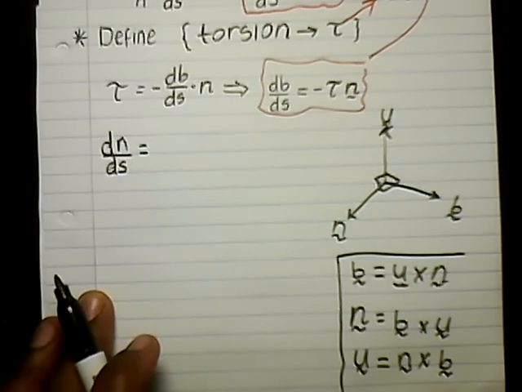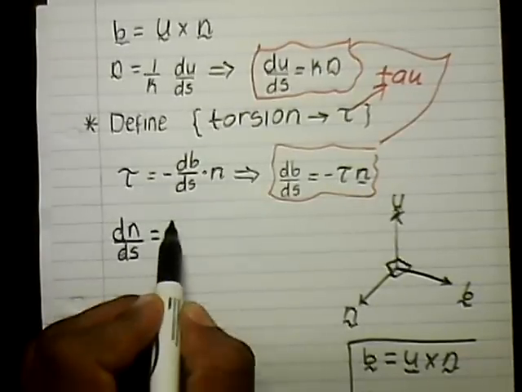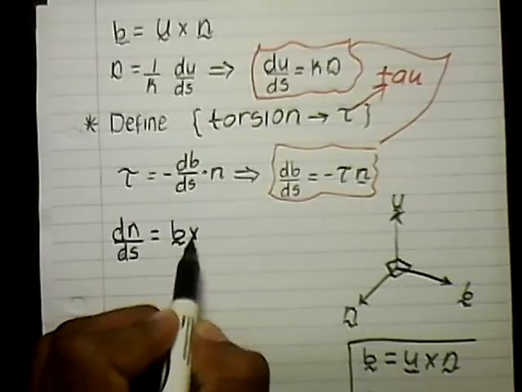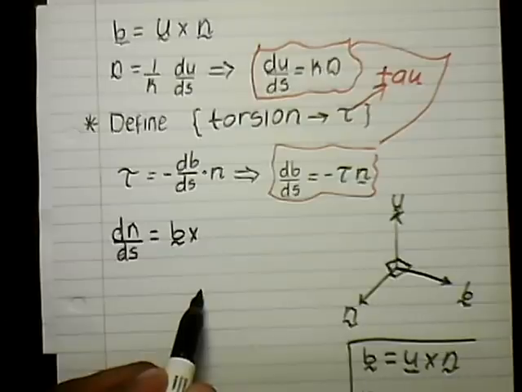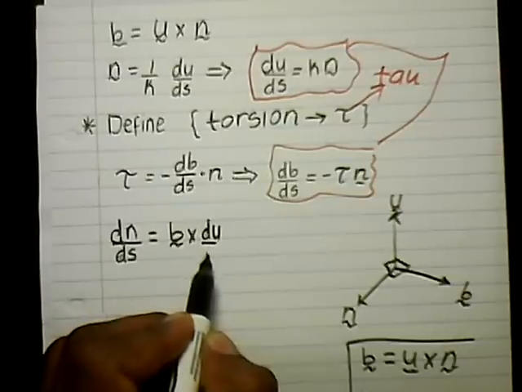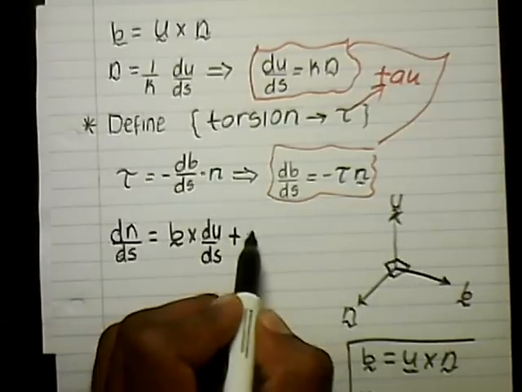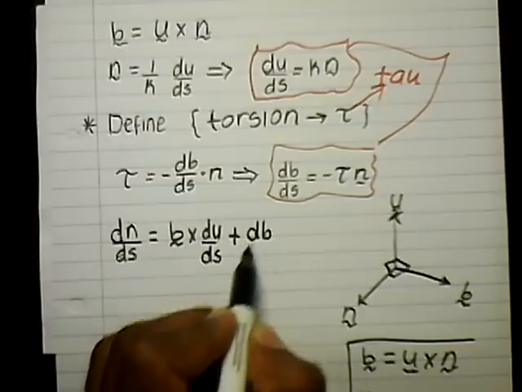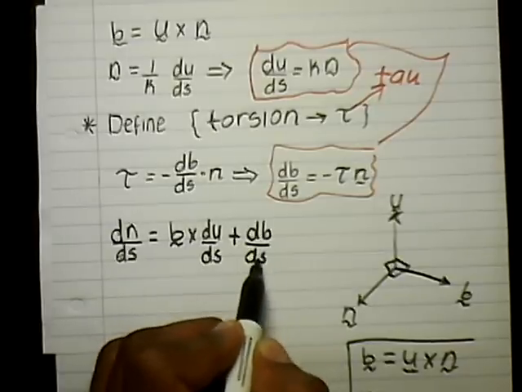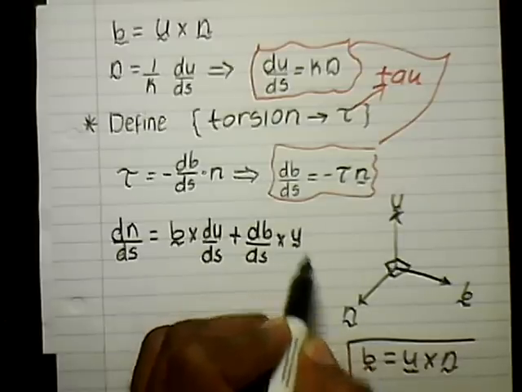That is very important. So the n ds will be vector b cross du ds plus db ds cross vector u.